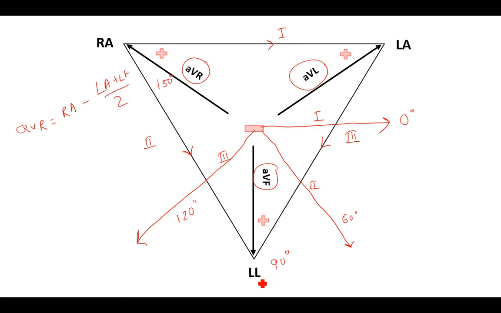Okay, LL is also called LF. So this is AVR or augmented limb lead. Now why do we call it augmented limb lead? So let us see the explanation.